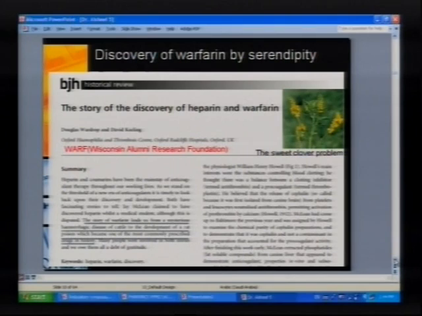By chance they noticed that cattle consuming this plant, sweet clover, started to have hemorrhagic disease. From that they started to investigate this medication, and it was developed as rat poison. When you give it as rat poison, it is in mega doses, like 500, okay?